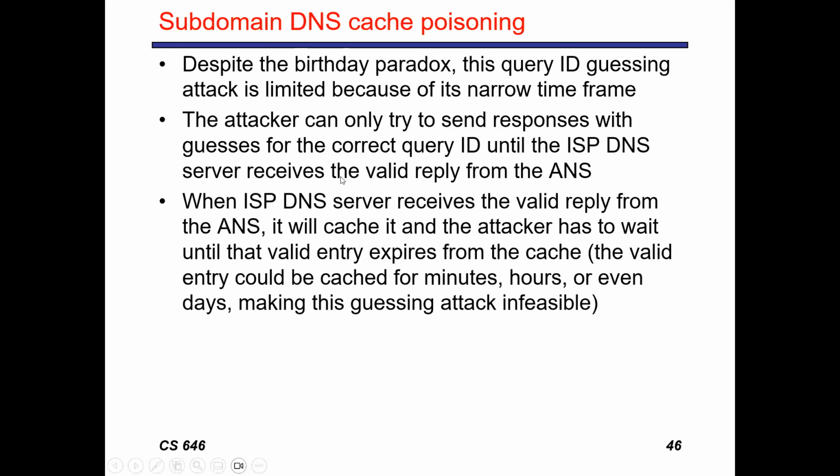So the attacker can only send responses with guesses for the correct QD ID until the ISP DNS receives the valid reply from the authoritative name server. Once it receives the valid reply, it will cache it, and the attacker now has to wait until this entry in the cache expires. So depending on the TTL, he will have to wait to launch the attack again.